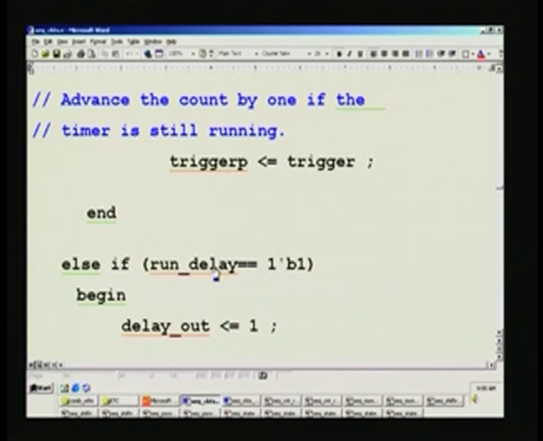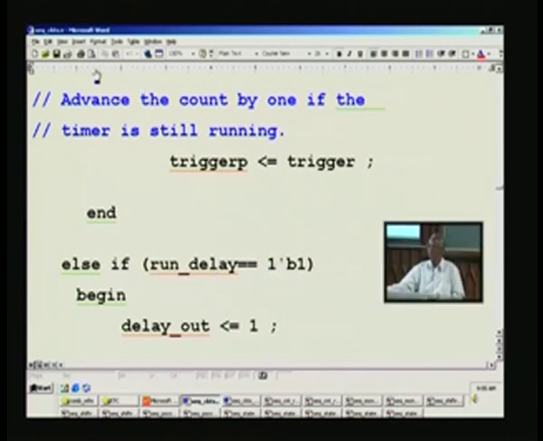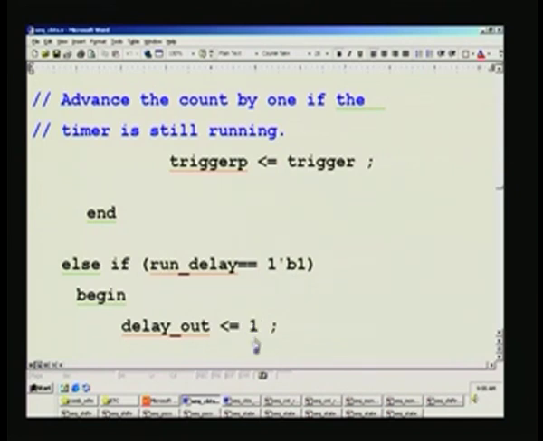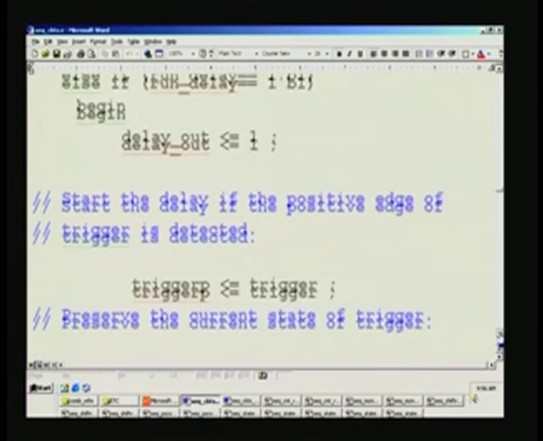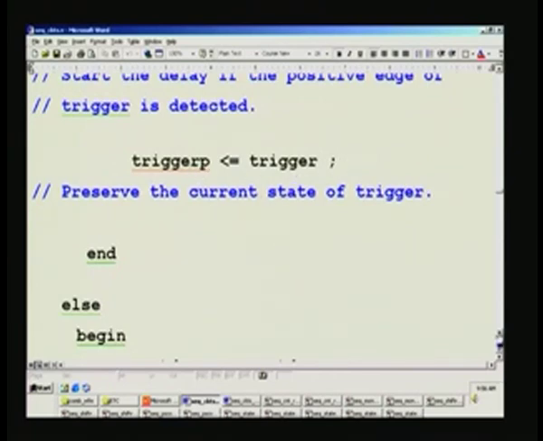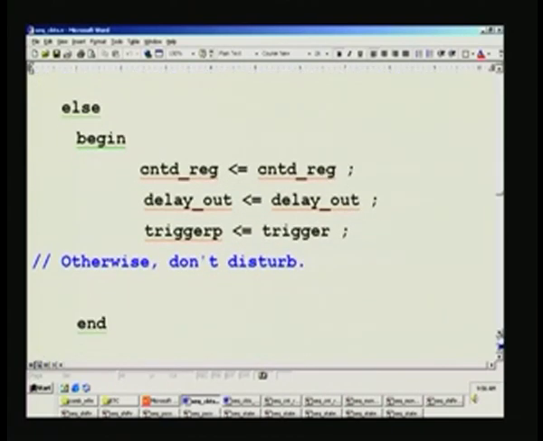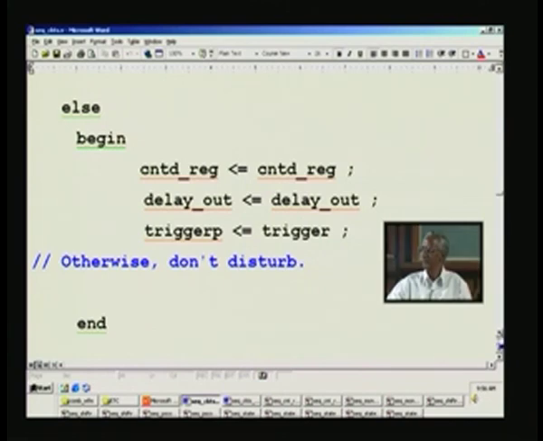And if that happens, this is already 1 from that assign statement, and under that condition only this will be made 1. And mind you, all the always positive edge clock, whatever signal that you put, they are all automatically registers. That is why once you have set the value, it will remain for an indefinite time, till you veto it, right. So otherwise just preserve, and just preserving that.